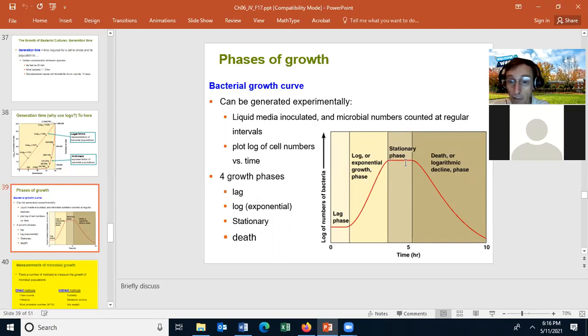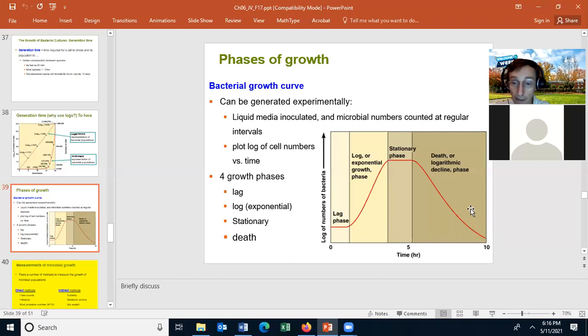Eventually, the population will enter the death or decline phase, where the number of cells dying is greater than the number of cells growing, and then the population number declines. Now, late in the death or decline phase, we will not have any cells reproducing.